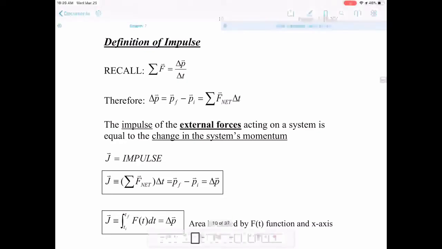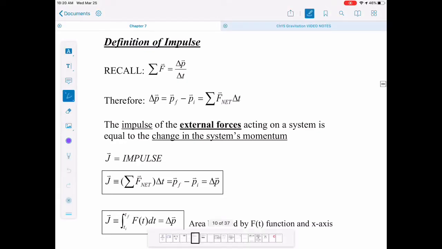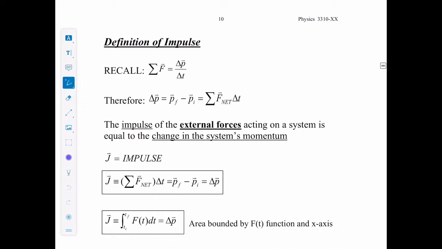So if we recall, on page 1, we learned that force is change in momentum over change in time. If I rearrange this, I can say that change in momentum is therefore force times time. So applying a force over a period of time causes an object to change its momentum.